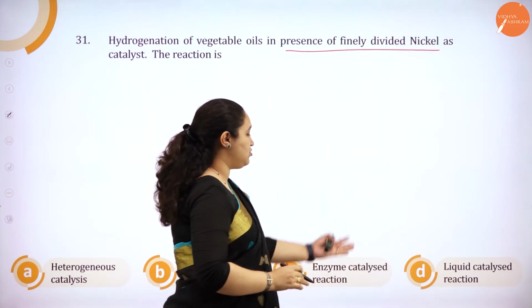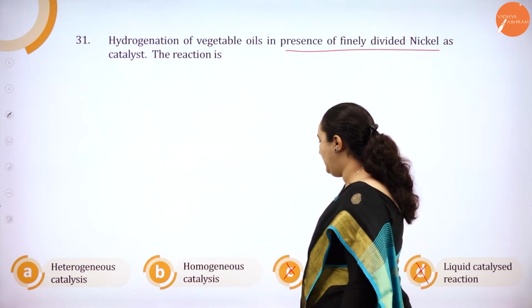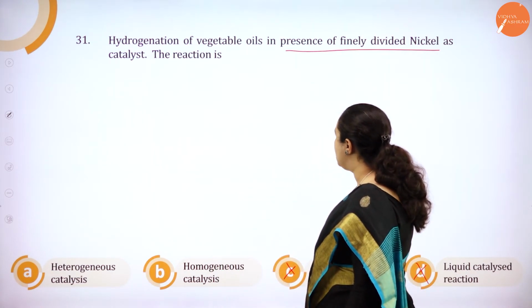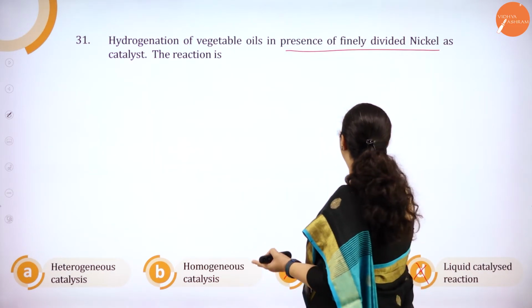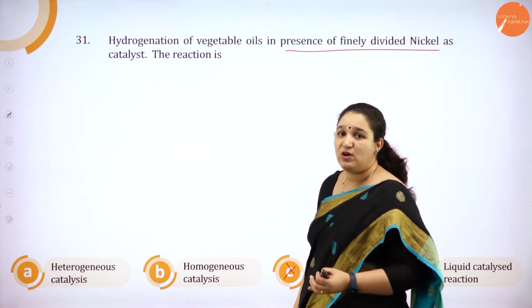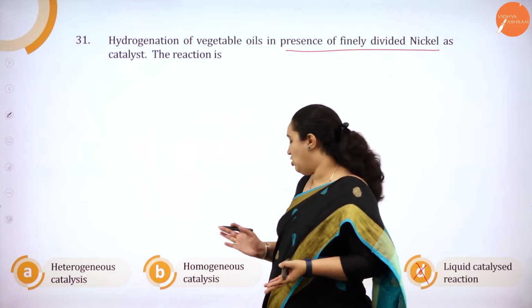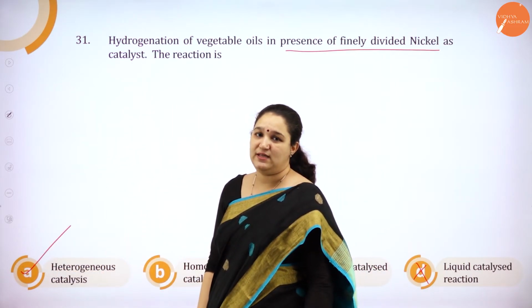Nickel is a metal, so it is not liquid catalyzed reaction. Now it should be either option A or B. We are taking oil, hydrogen is a gas, and then we are treating it with a solid catalyst. Of course, all the phases are different. It is not homogeneous catalysis, it is heterogeneous catalysis.